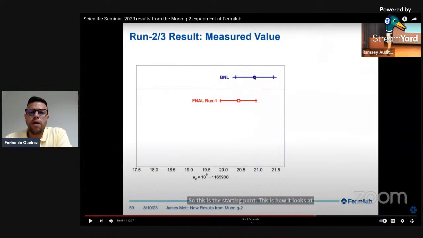This blob here is the central value, and the central value of the last g-2 result reported by FNAL, which is an abbreviation for Fermilab, was this value right here, which was below.